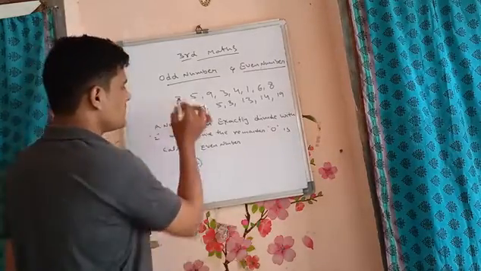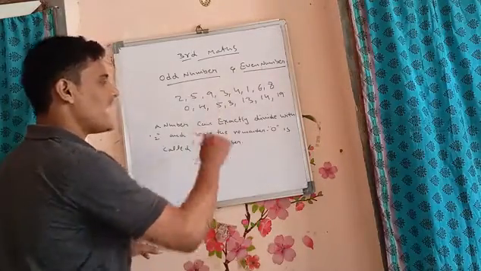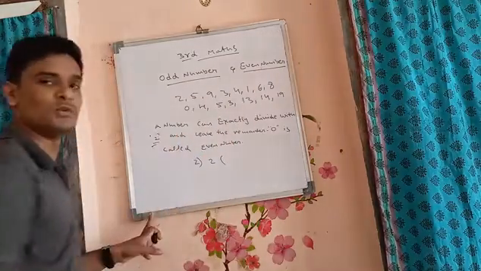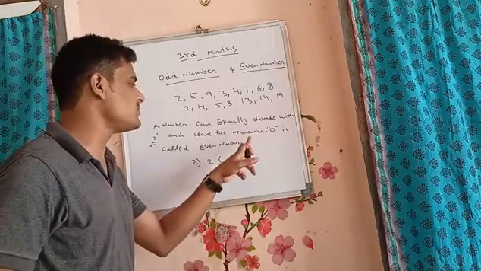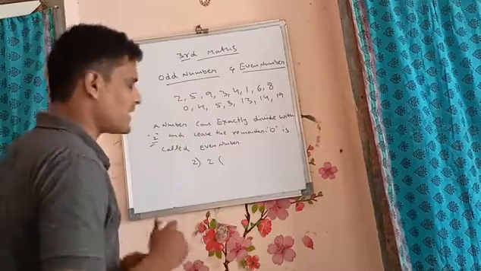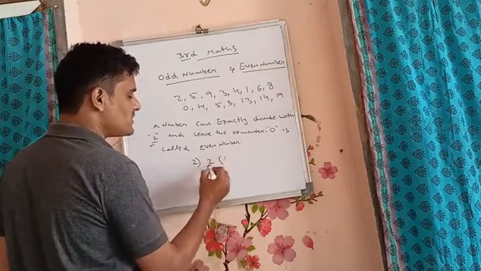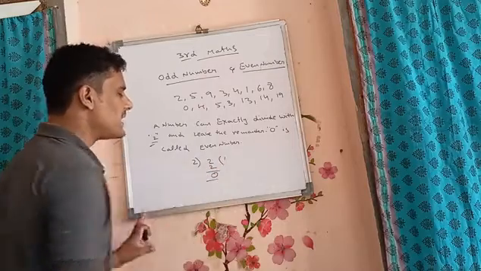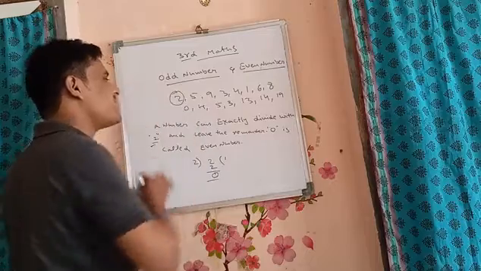So 2 divided by 2 is 1, leaving the remainder 0. So 2 is an even number.